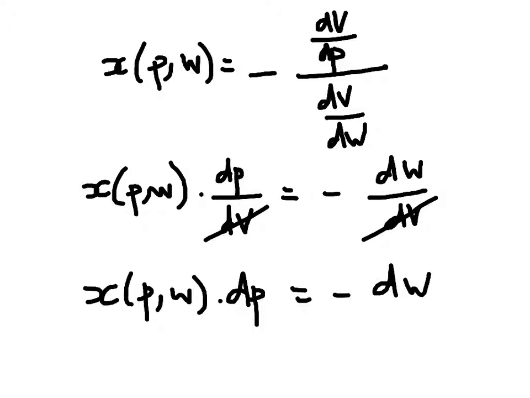This is a situation of a compensated price change. If I want to keep consuming the same bundle, remember the optimal bundle does not change, then the impact on my wealth is simply the cost of that bundle times the price change. The negative sign simply indicates that there is a negative relationship between the price increase on the one hand and my impoverishment on the other. So price and wealth move in opposite directions.